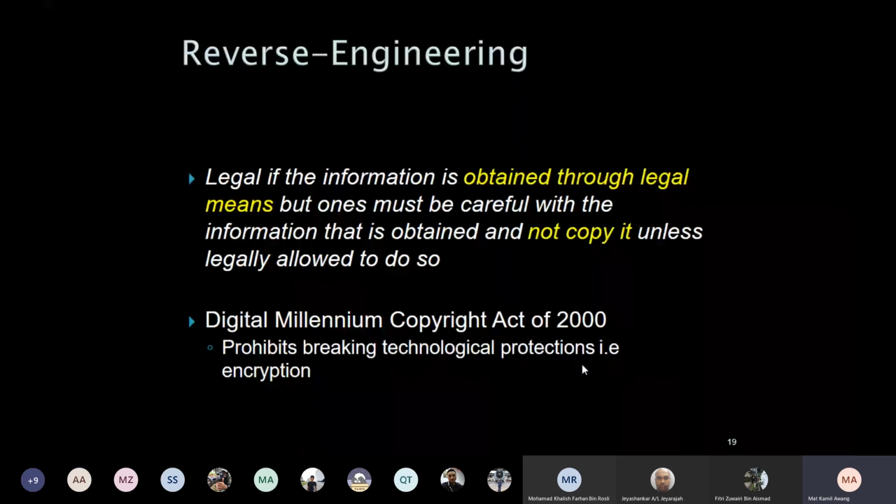The answer is legal if the information is obtained through legal means, but one must be careful with the information obtained and not copy it unless legally allowed to do so. So in general it is illegal, but it becomes legal if the information is obtained through legal means.